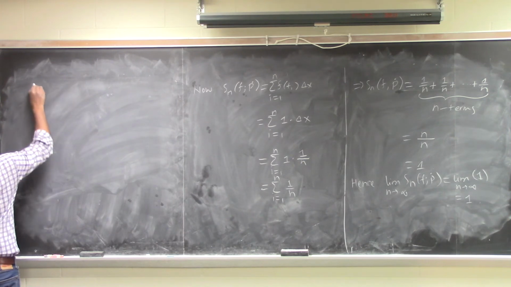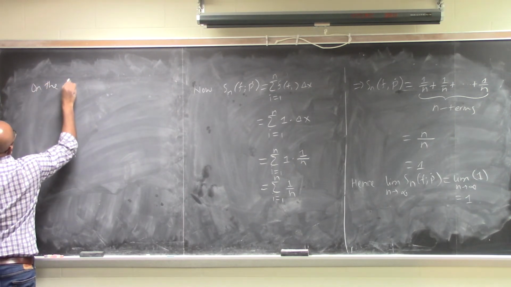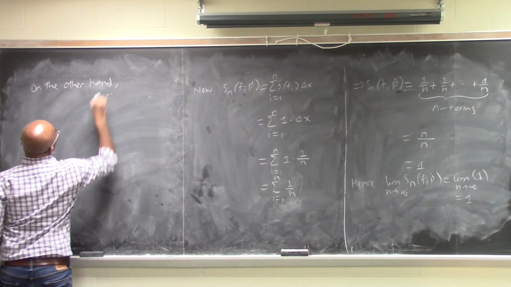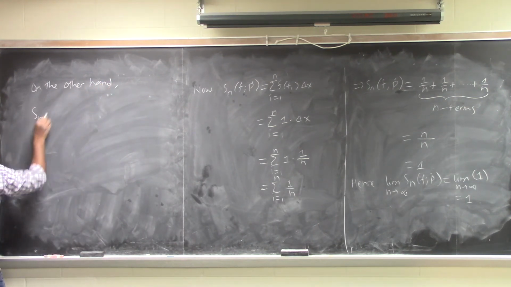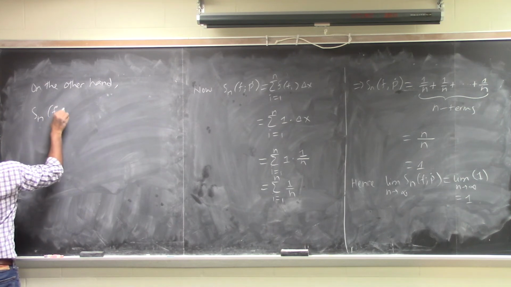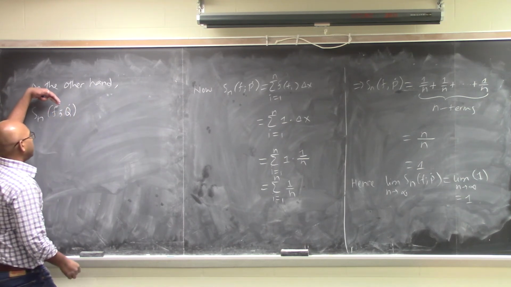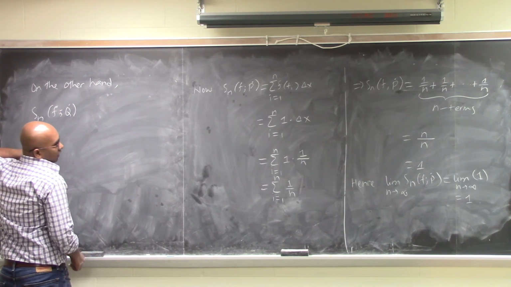On the other hand, S_n(f, Q dot) means the Riemann sum of this function f with respect to this tagged partition Q.